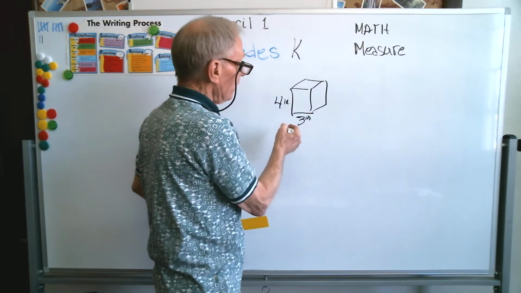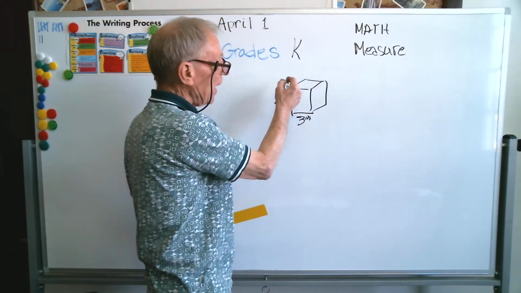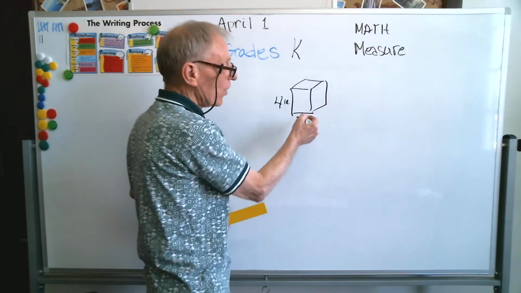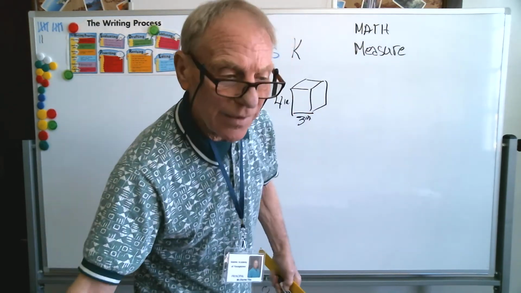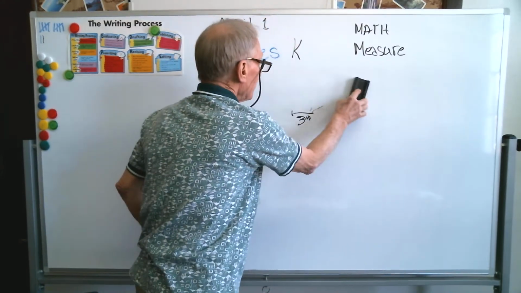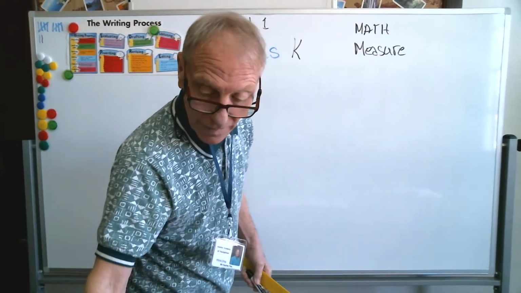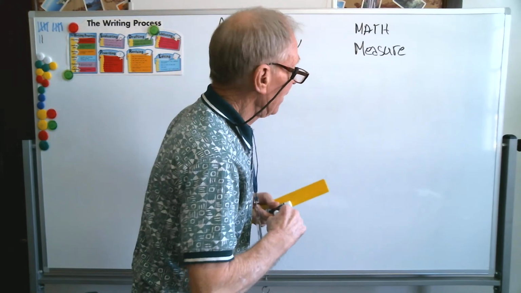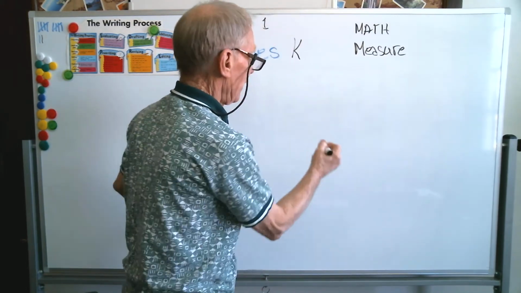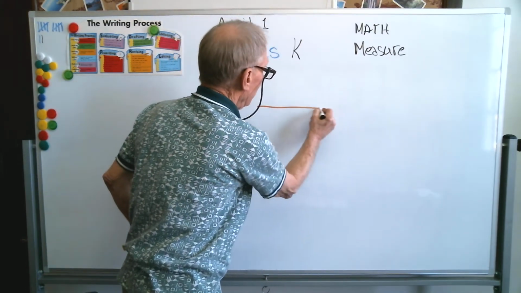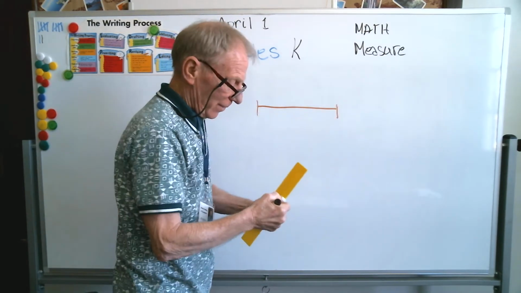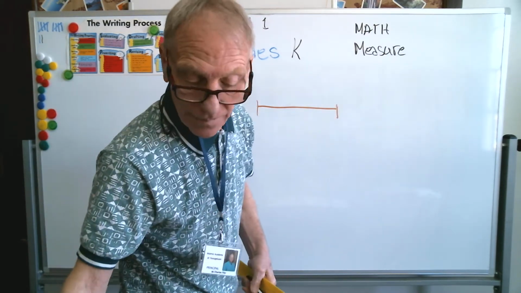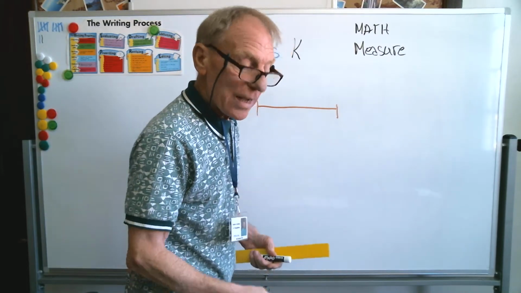So we can measure the width, the height, or you can call it the length. When you think of measuring the length of something, you think to yourself, gee whiz, I have this line here, and I wonder how long it is.